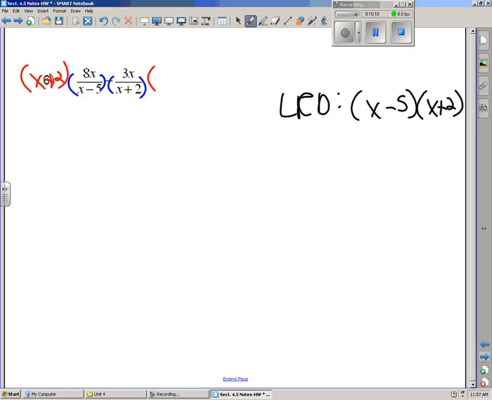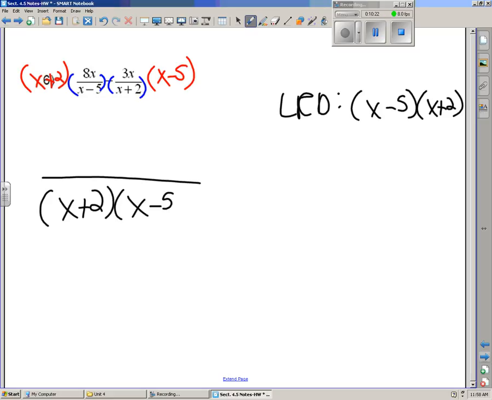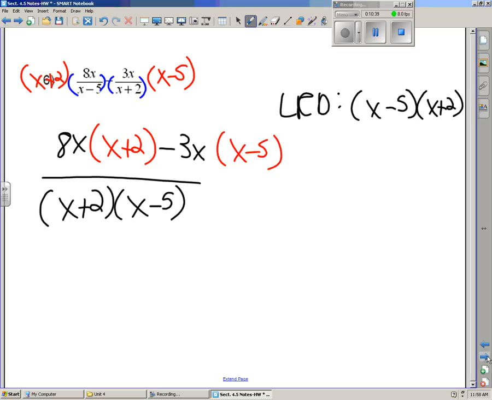This guy on the right has to be multiplied by an x minus 5 top and bottom. I'm only writing it once now, but it's got to be multiplied by top and bottom. That's what gives you the common denominator, x plus 2, x minus 5. And then you have to realize that 8x has to be distributed into what it needed, minus 3x has to be distributed into what that side needed.